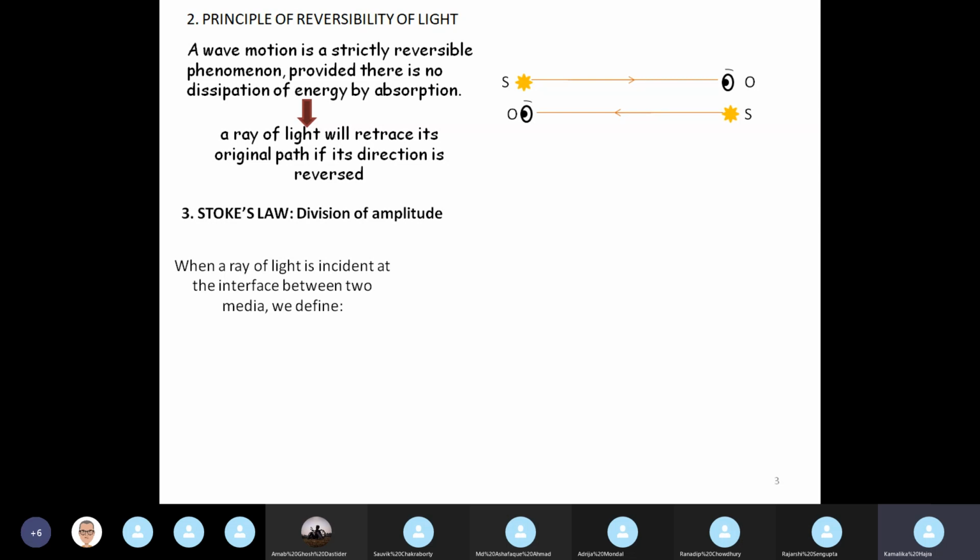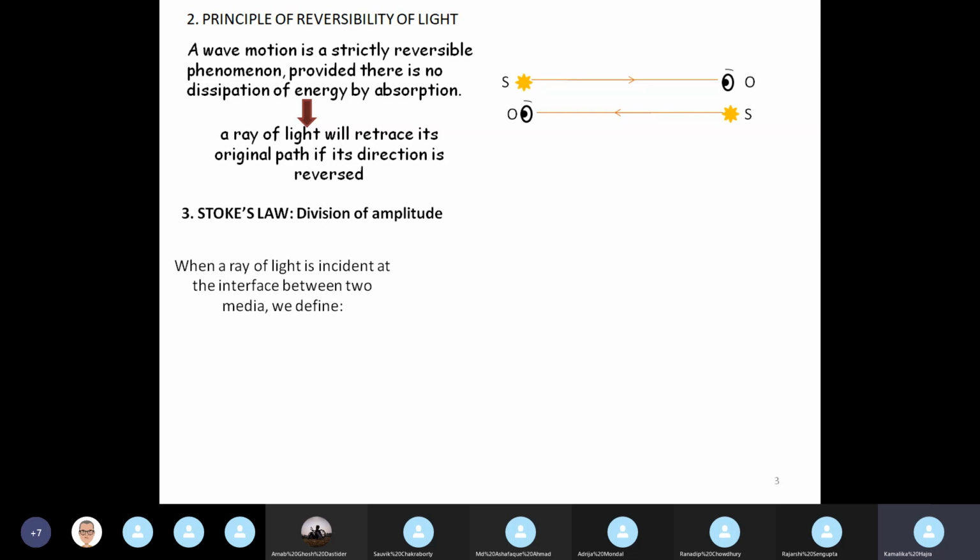Now, when a ray of light is incident at the interface between two media, remember we were discussing this the other day, what will happen? Part of it will get reflected into the same medium and part of it will get refracted, or now we use the language transmitted into the other medium. Now, how much of it?